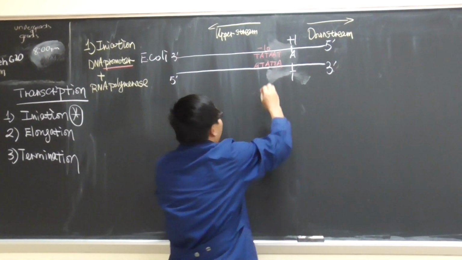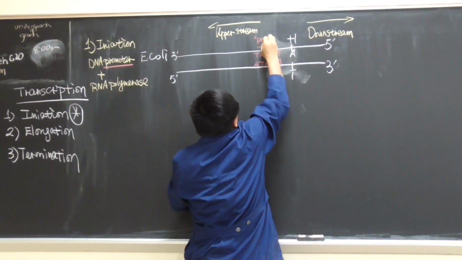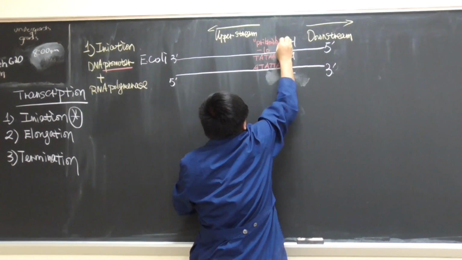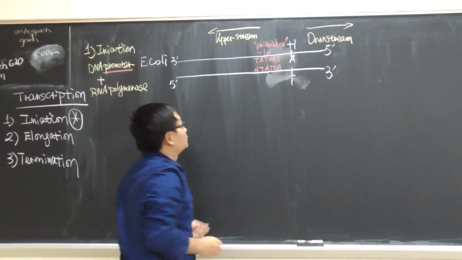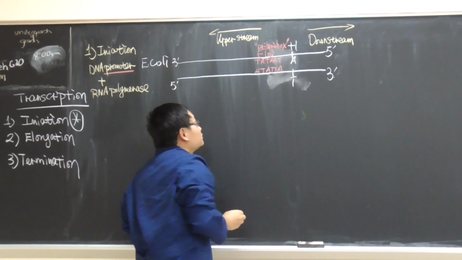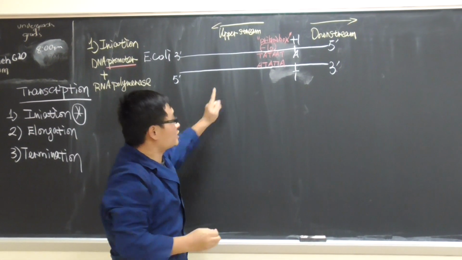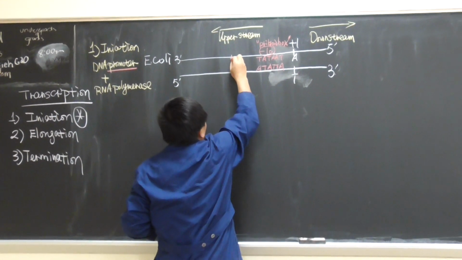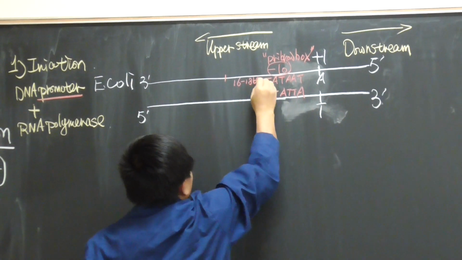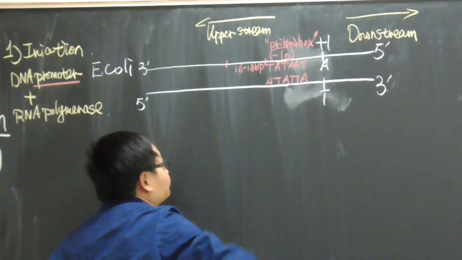We gave it a name called the Pribnow box. So this is -10. There is a little bit of space between them, about 16 to 18 base pairs of distance.